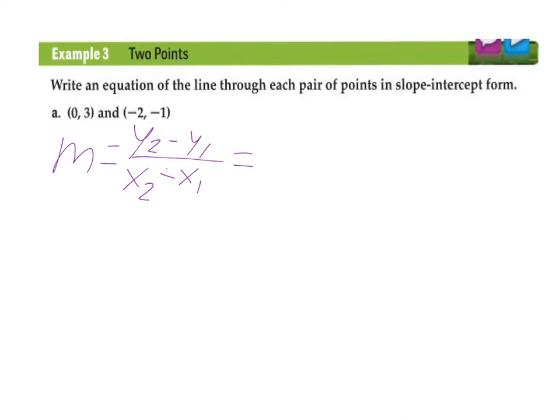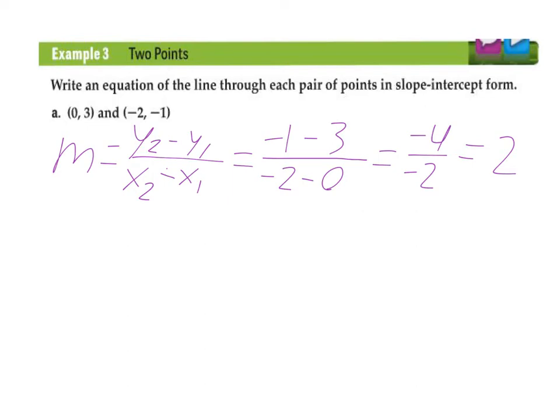Plug in what we know. This is going to give us -1 minus 3 over -2 minus 0, which is the same as -4 over -2, which simplifies down to 2.